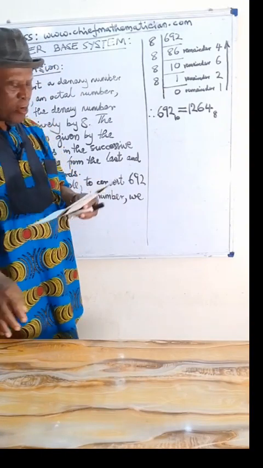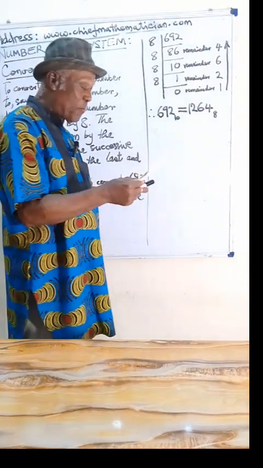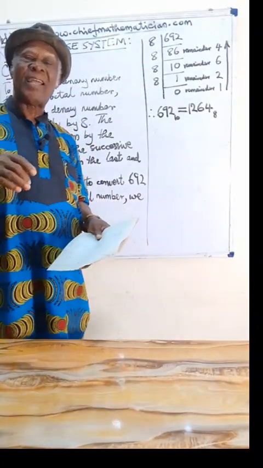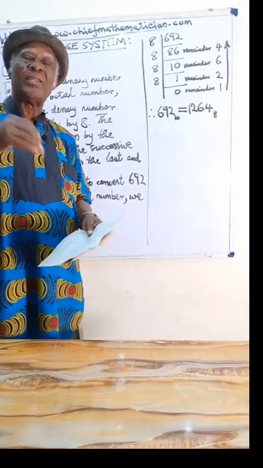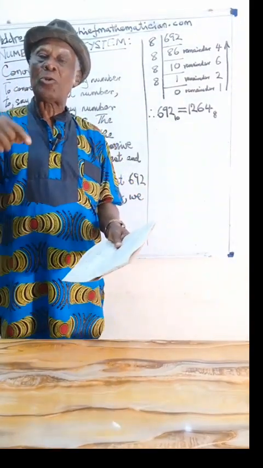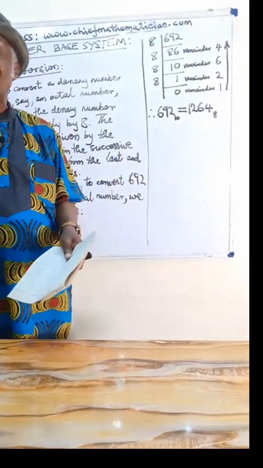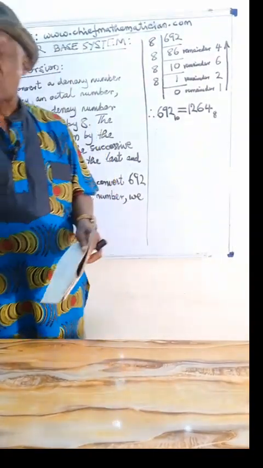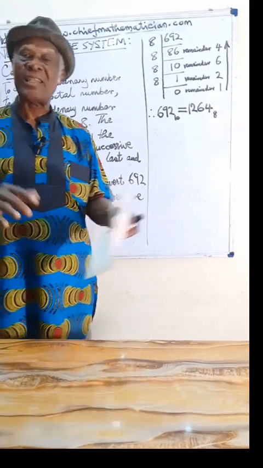We are going to look at converting a number from one base to another. Like you have a number in base 8 and you want to convert it to a number in base 6 or base 2 or any other base. Let us see the process.